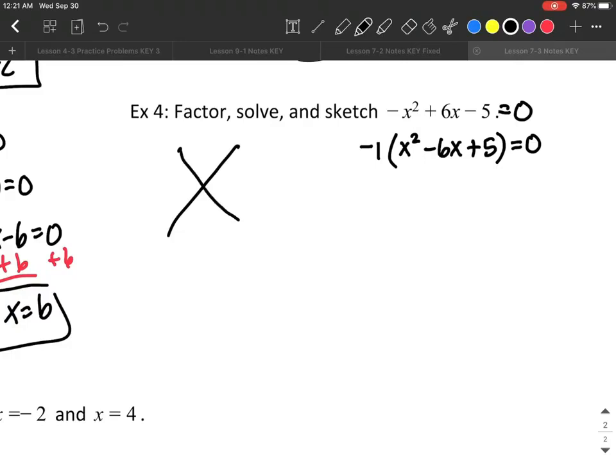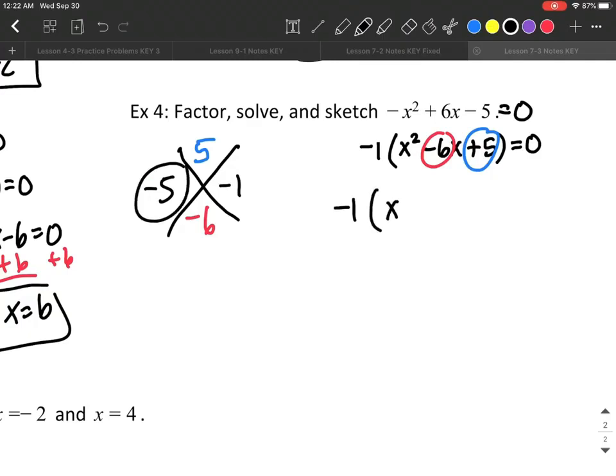So I need two numbers that multiply to 5 and add up to negative 6. And those two numbers are negative 5 and negative 1. So I'm going to rewrite this as negative 1 times x minus 5 times x minus 1, and that's equal to 0.